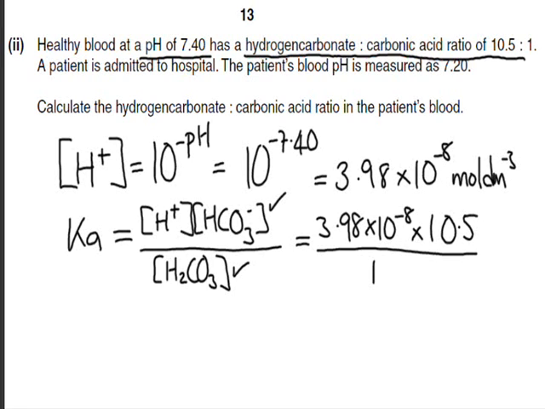Plug it into your calculator and you should get a value of Ka of 4.18 times 10 to the minus 7 moles per decimeter cubed. You're not asked for units, but they will simply be the units of concentration, because two of them cancel out.